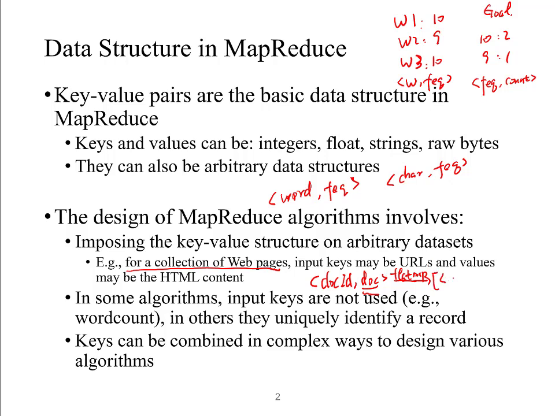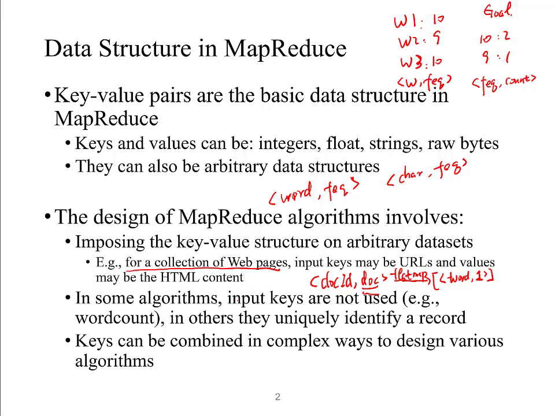So we would have a list of word and one pairs, if you still remember what we have discussed before, right? So in this case, the input keys are not used.